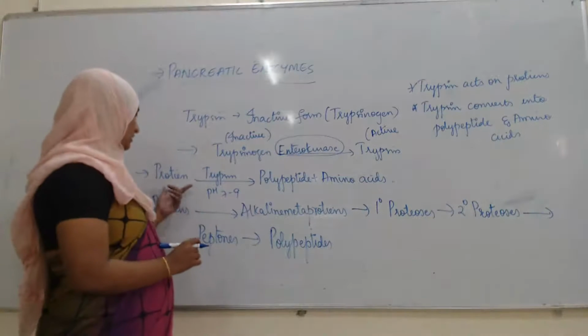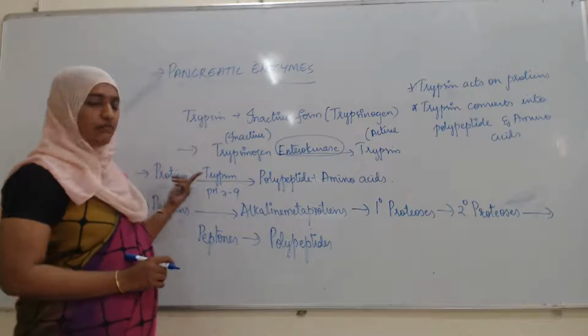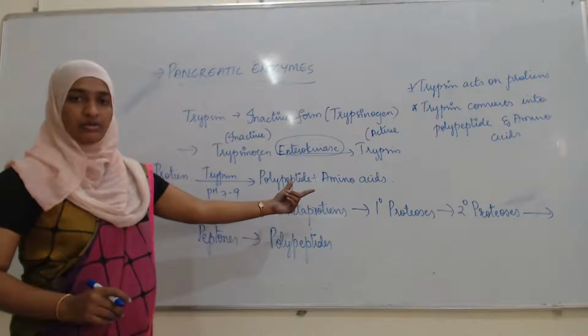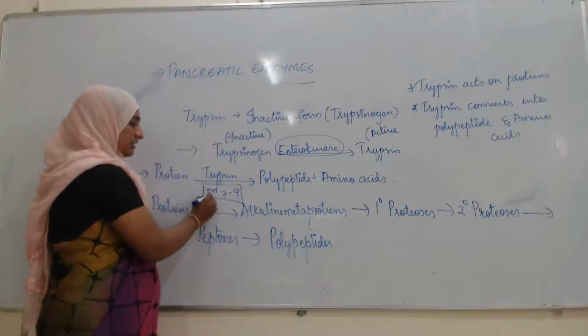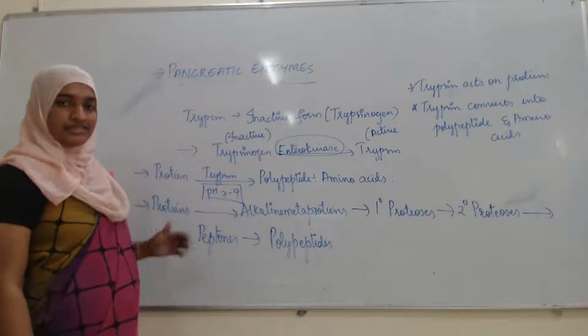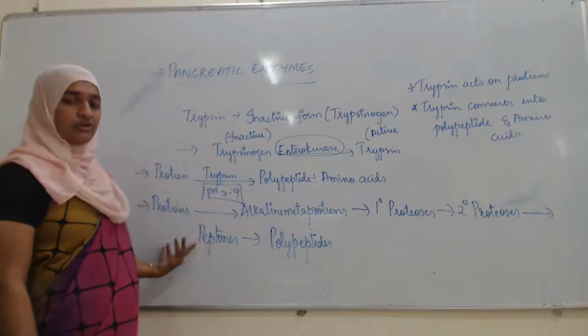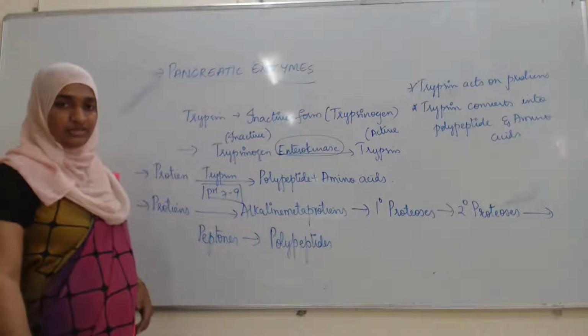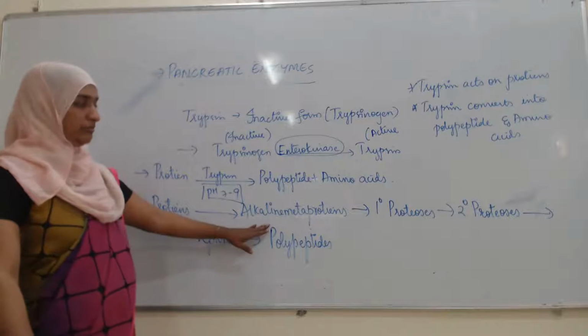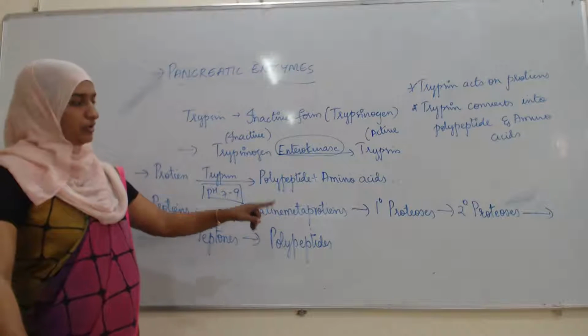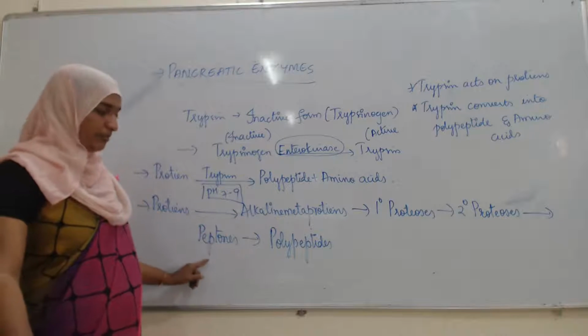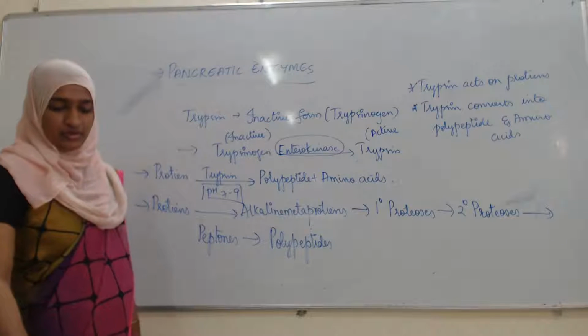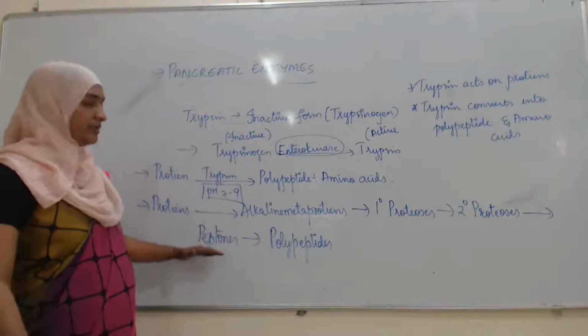Next, protein converts into polypeptides and amino acids at pH 7 to 9, not directly, but first into alkaline metaproteins, primary proteoses, secondary proteoses, then peptones, then polypeptides. So this is about trypsin.